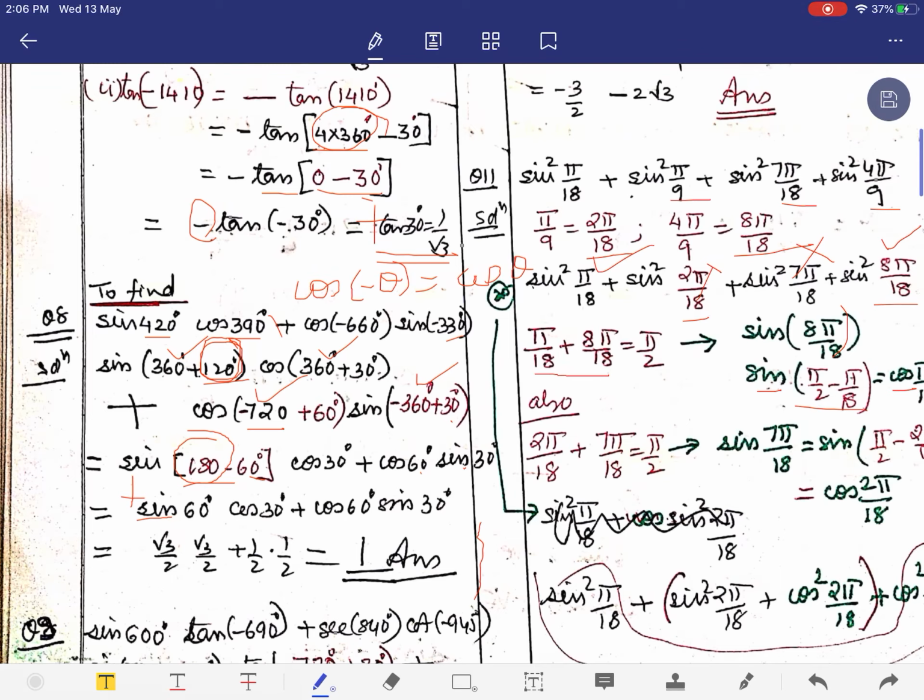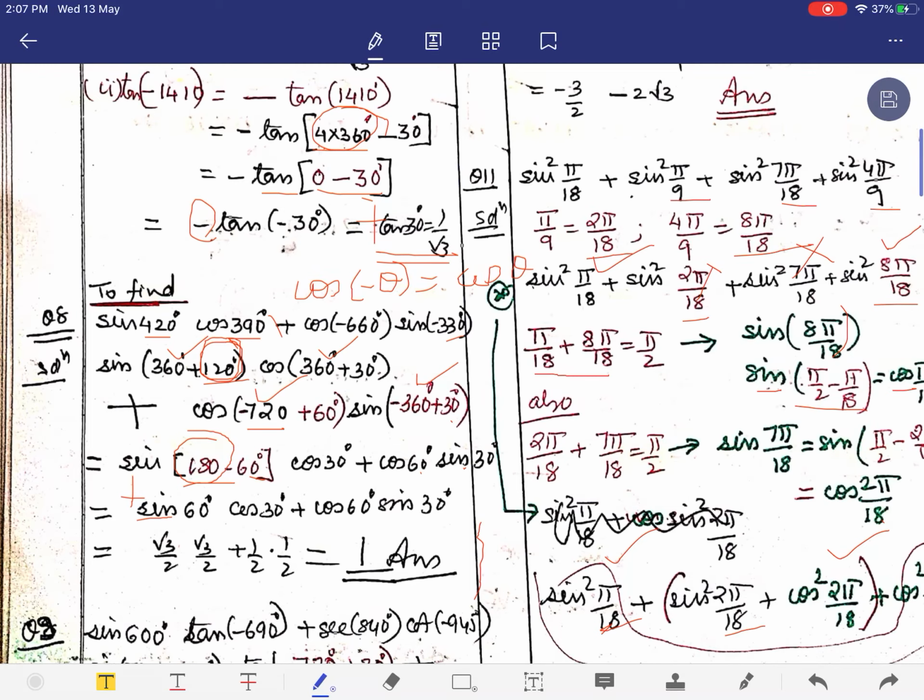Similar conversion is seen in this expression also, that is 7 pi on 18. Sine 7 pi on 18 is read as sine of pi on 2 minus 2 pi on 18, which is cos 2 pi on 18. Therefore, when you read the whole expression after rewriting, we find that the expression now converts to only two angle forms with another ratio attached.